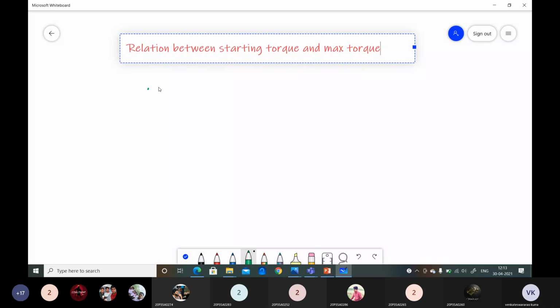Same as before, starting torque T_ST equals K S E2 square R2 by (R2 square plus (S X2) whole square). At starting condition slip equals 1, so K E2 square R2 by (R2 square plus X2 square).